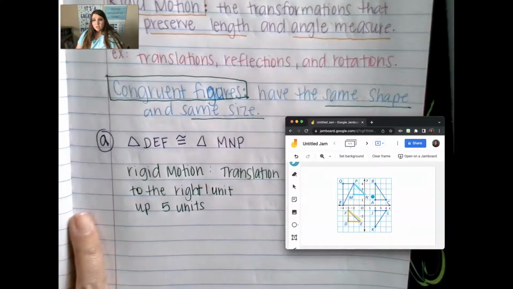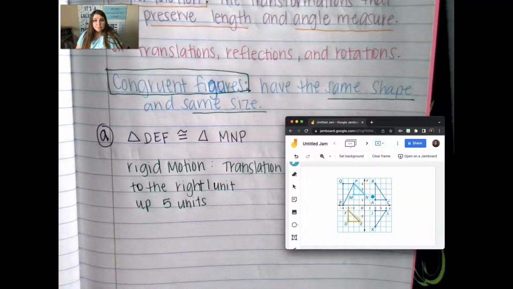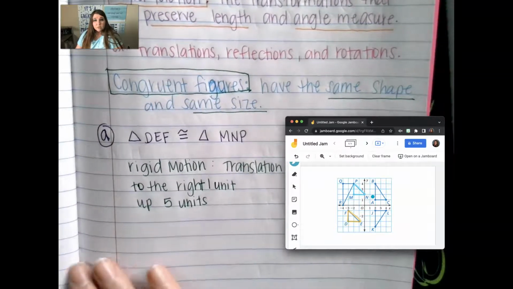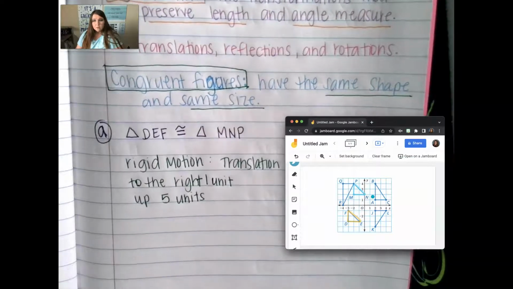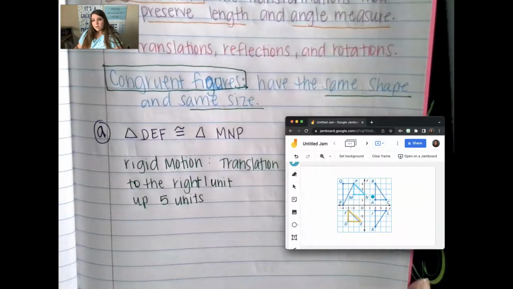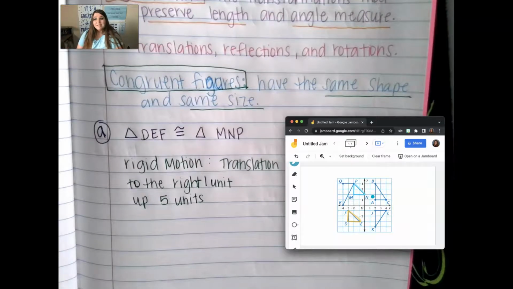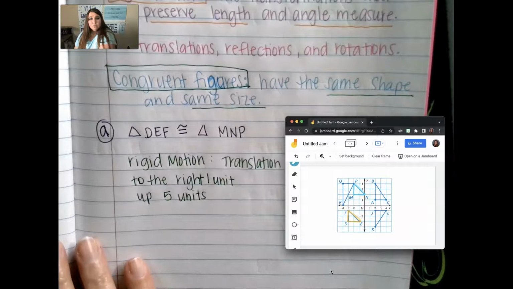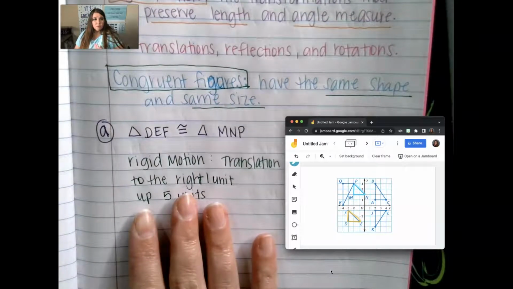Or if you want to take a screenshot of it and put it into a Jamboard, you're welcome to do that too. Whatever's going to help you with your notes. Okay. All right, we're going to look at another congruent figure within this same picture. So hit pause right now if you need to finish writing this down. Otherwise, I'm going to move it up.